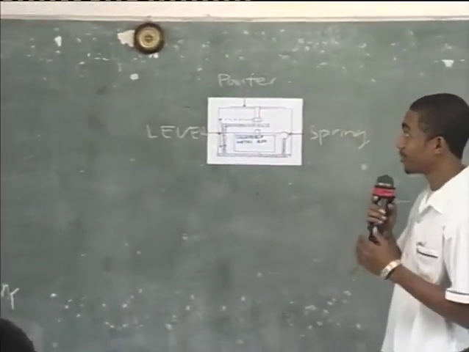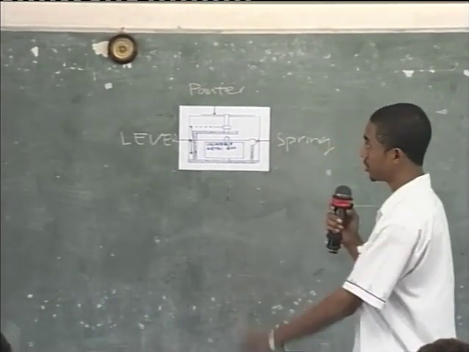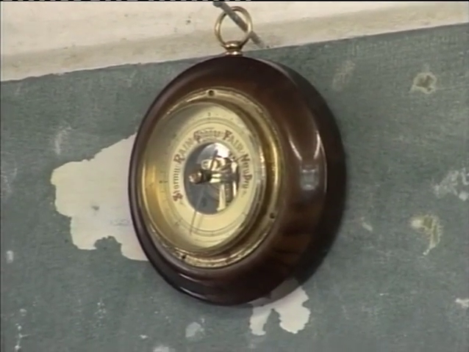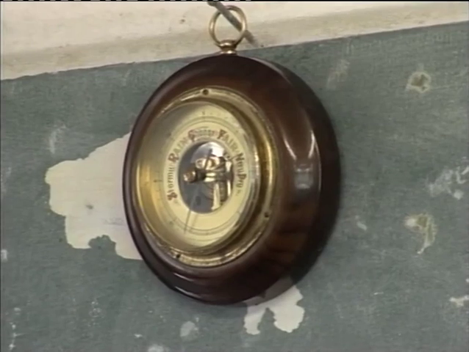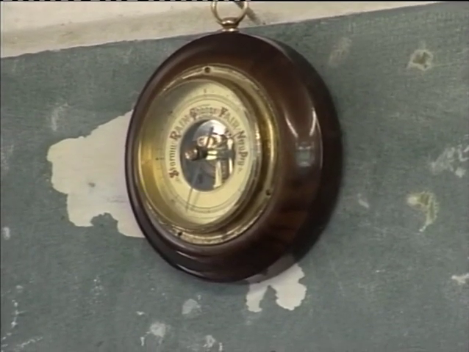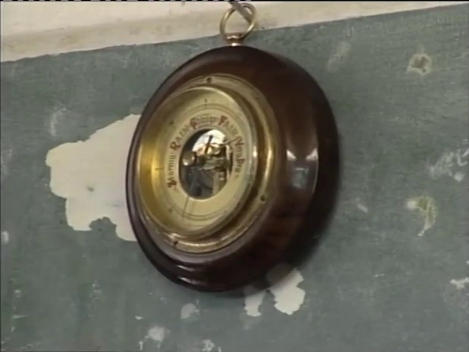Okay, the aneroid barometer is not supposed to be moved. It has to be placed in a fixed position where, when it's placed, we have accurate readings. For the scale, we have two pointers over here.